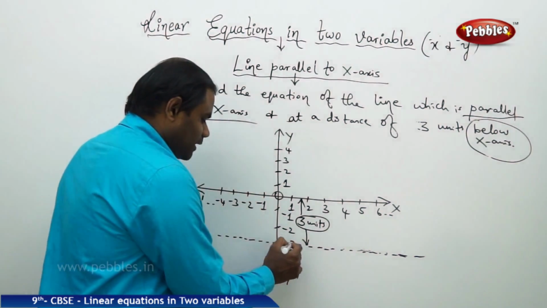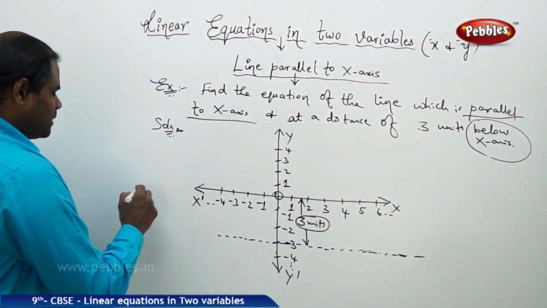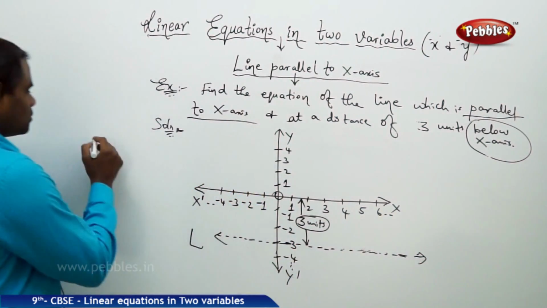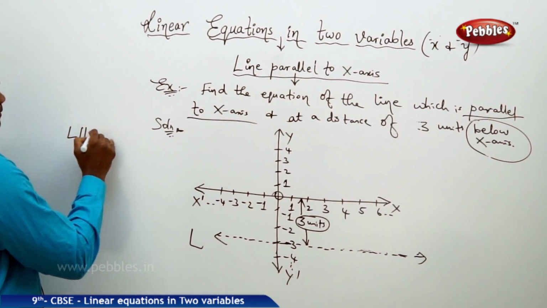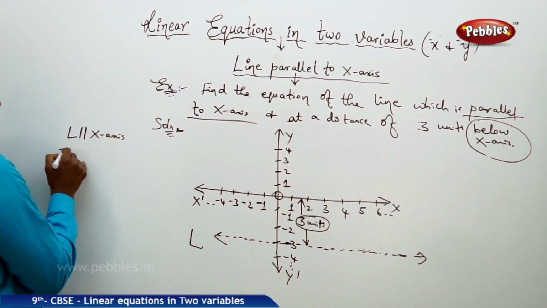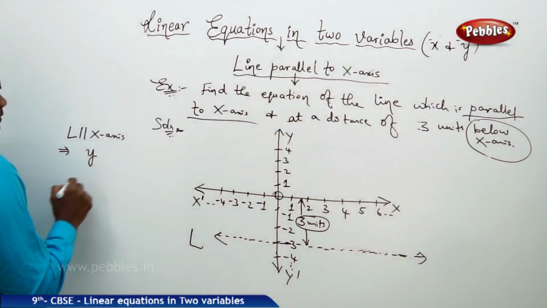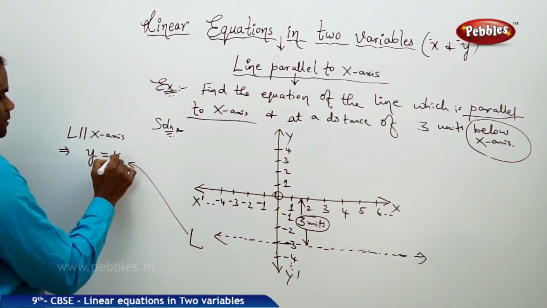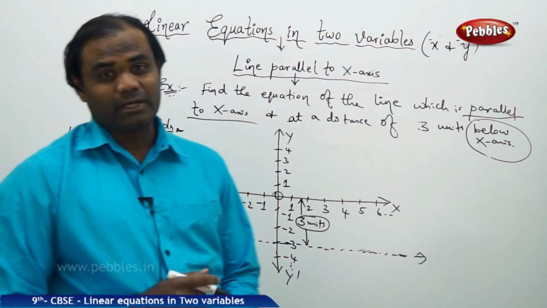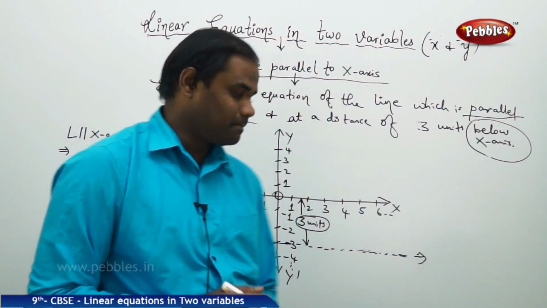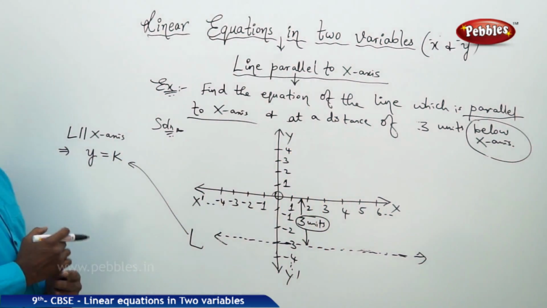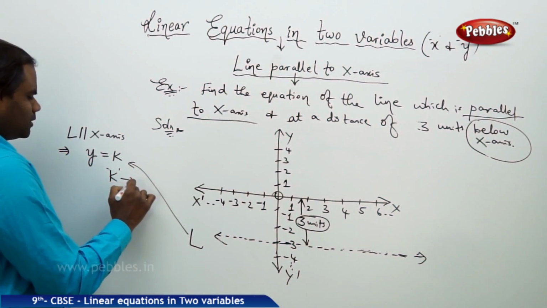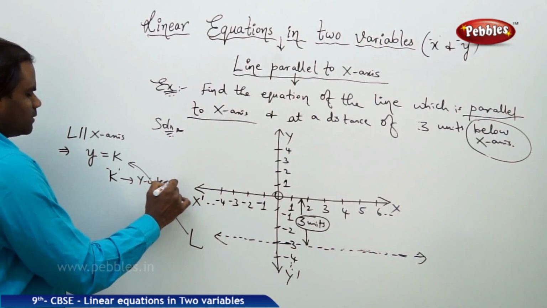Now, in order to find the line, we know that any line which is parallel to the x-axis, say this is the line L. So L parallel to the x-axis implies the line L can be expressed in the form y equals k, because any line parallel to the x-axis is of the form y equals k. So this can be expressed as y equals k, and k is the y-intercept. My k out here is the y-intercept.